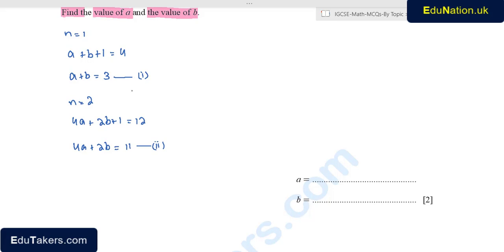Now for solving equations 1 and 2, we'll multiply equation 1 with 4 and then subtract equation 2 from this. This will be 4a plus 4b equals 12. This is 4a plus 2b equals 11. We have to subtract it. So this will be cancelled and this will be 2b equals 1, and from this b equals 1 over 2.